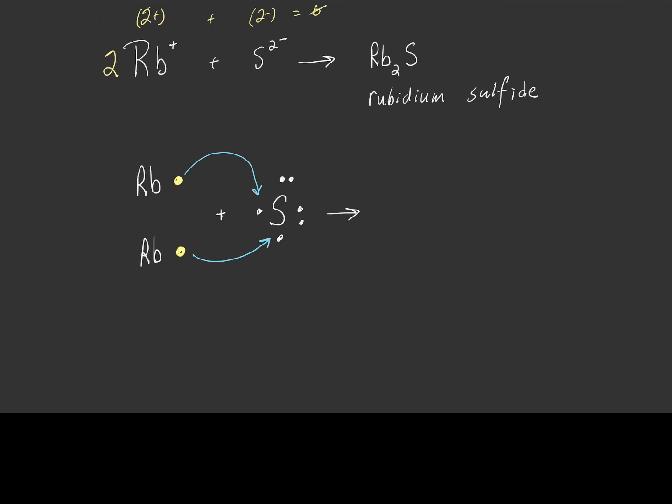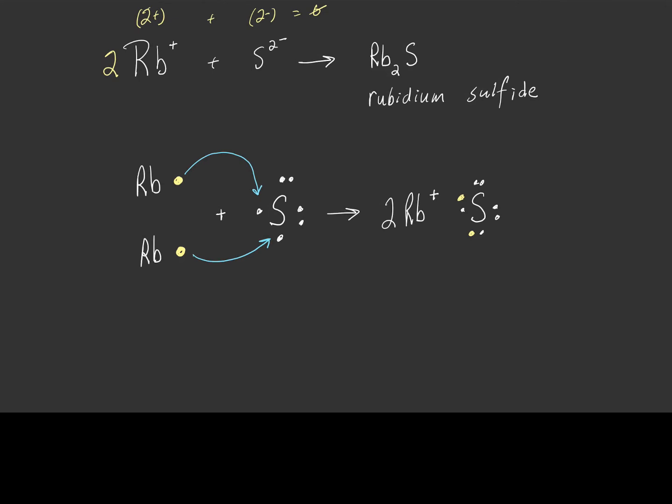Draw our yield sign. We have 2 rubidiums that, because they've added that electron elsewhere, have 1 less negative part, so they're more positive. Now you should be able to see that this sulfur, which was already like this, now has the 2 valence electrons that were added from each of the rubidium.